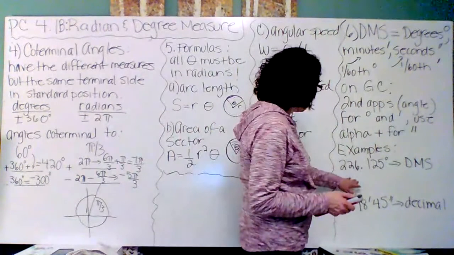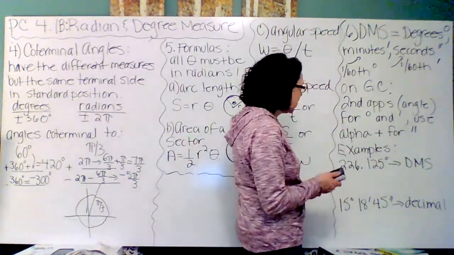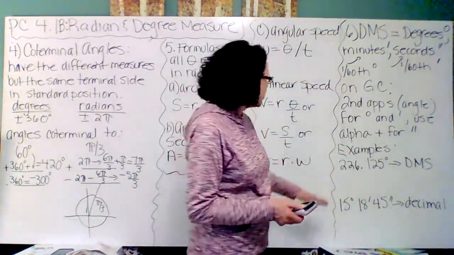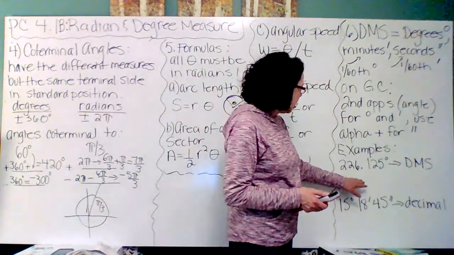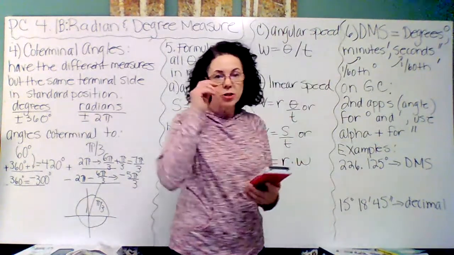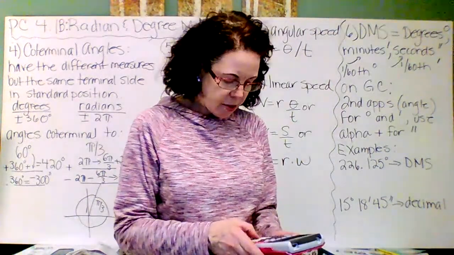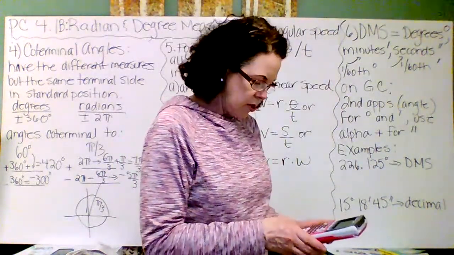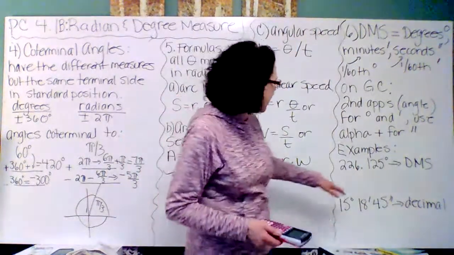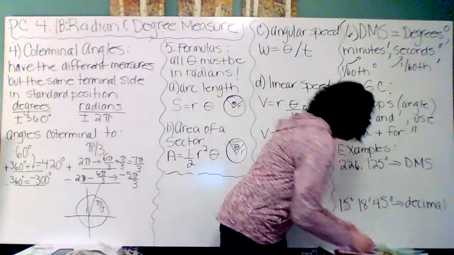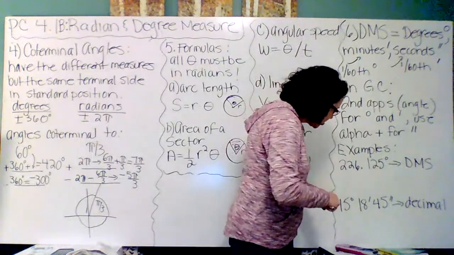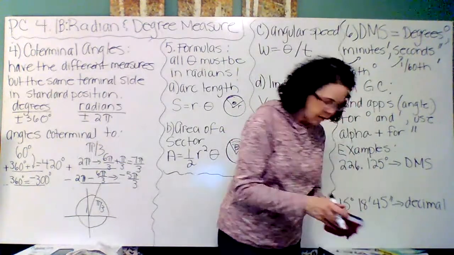Let's say that we have 226.125 degrees. So this is an angle measure in decimal form, and we want to change it to degrees, minutes, and seconds. All you do is put 226.125. You can put the degree symbol on it if you want, but you don't need to. So I just put this into my calculator.